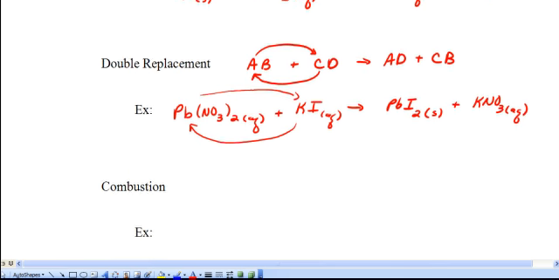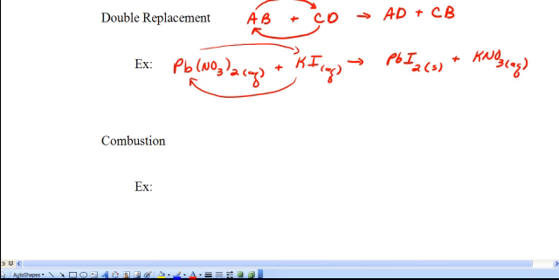Next, we have what are called combustion reactions. A combustion reaction is going to take something, I'm just going to say X, and you're going to react that with oxygen, and it's going to produce some products plus energy. So we could take anything. I'm just going to go with propane, C3H8, reacting with oxygen.